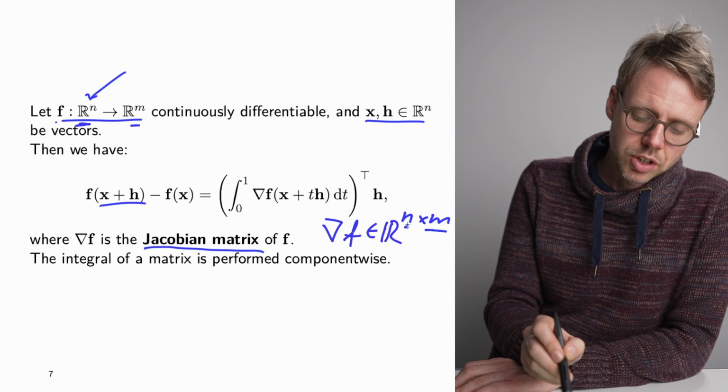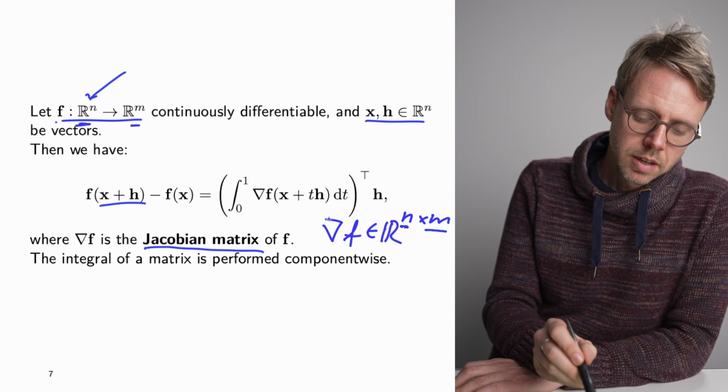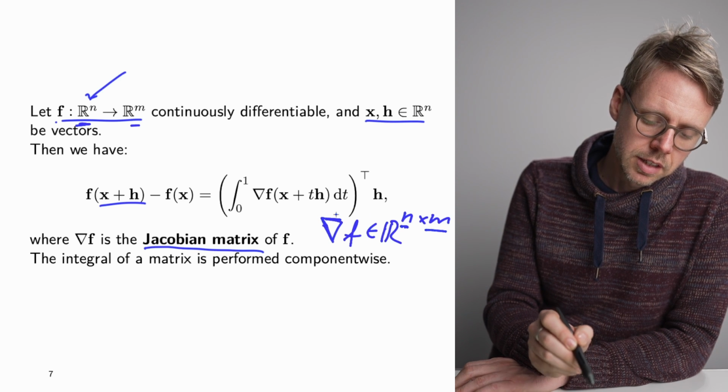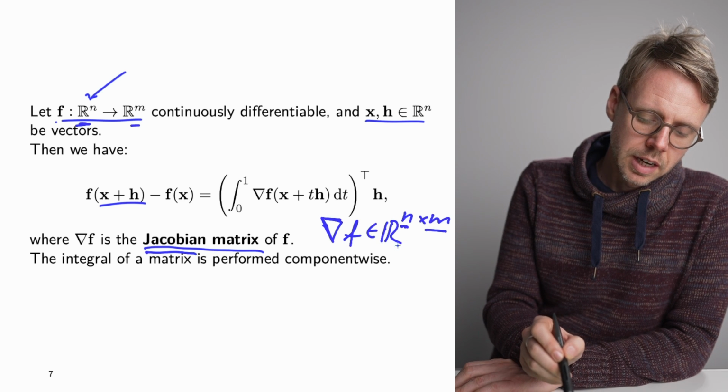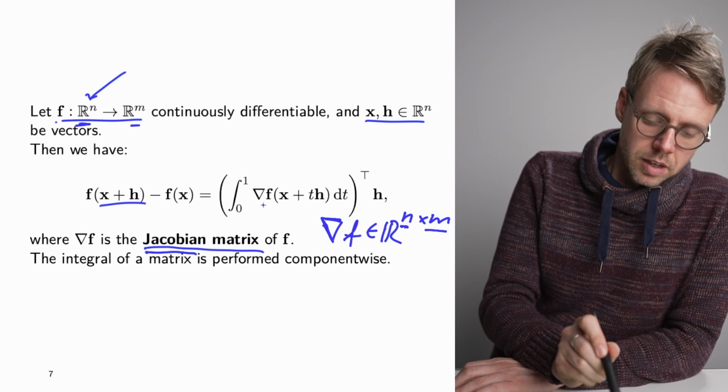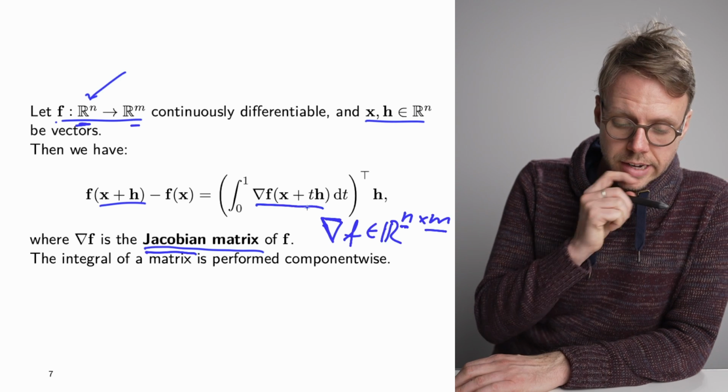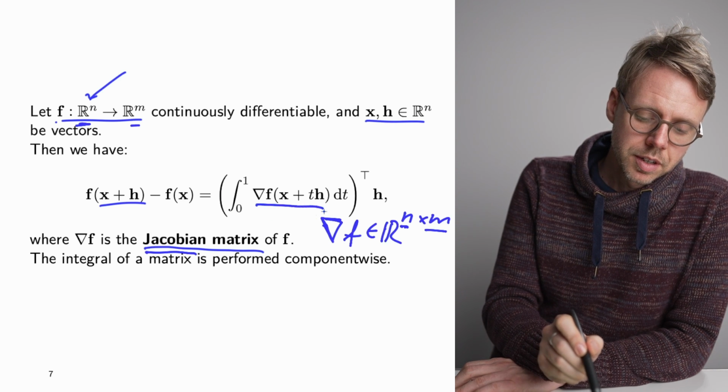M component functions, we have n input dimensions, which means that the gradient or Jacobian matrix is an element of R^(n times m).